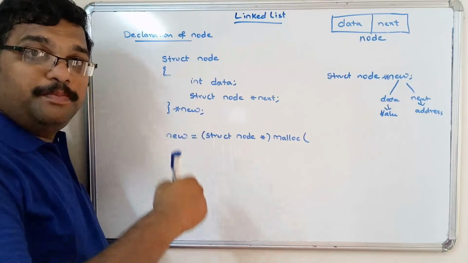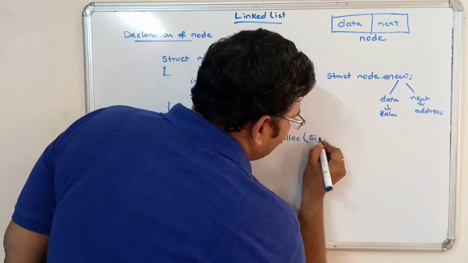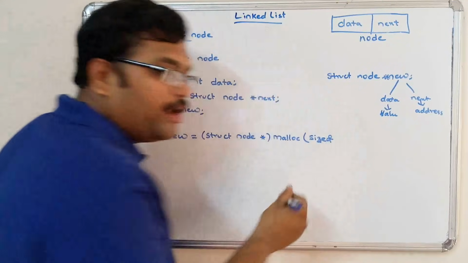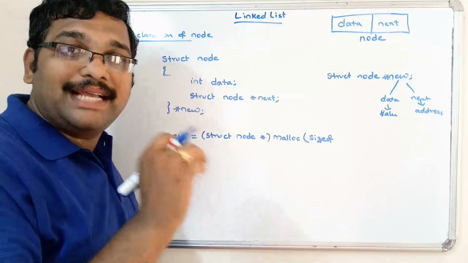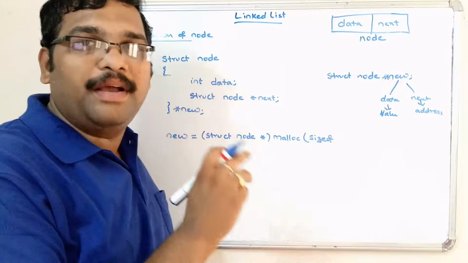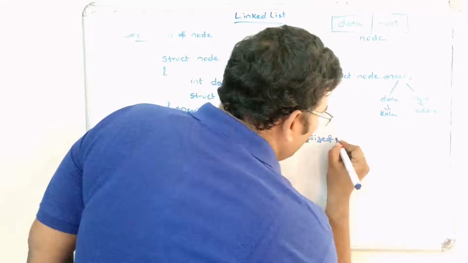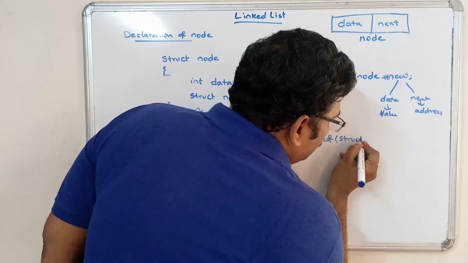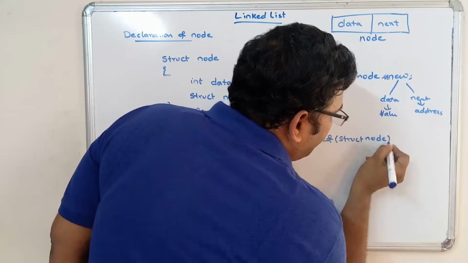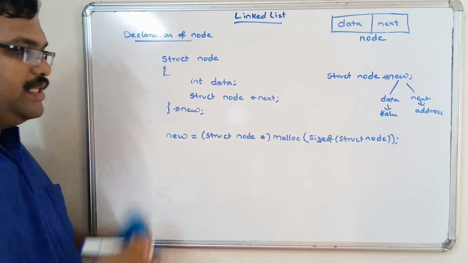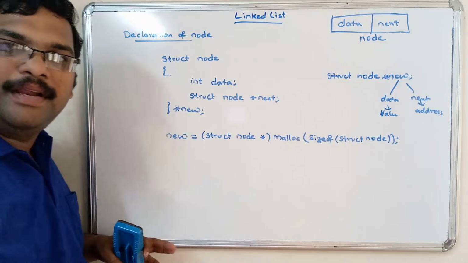How much memory should be allocated? The sizeof operator is used to retrieve the size occupied by that particular data. Sizeof struct node, right? So this is for dynamic memory allocation.